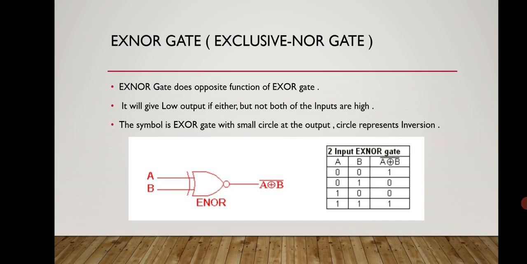This is the representation of the XNOR gate, the exclusive NOR gate, that is, A exclusive-OR B whole bar. It can be expanded as A bar dot B bar plus A dot B. That is the representation used for this XNOR gate. In the upcoming presentation, I will explain those expressions in detail by taking some examples.